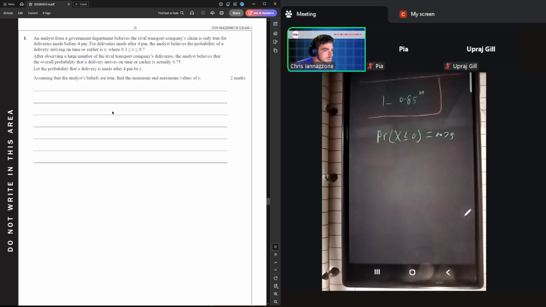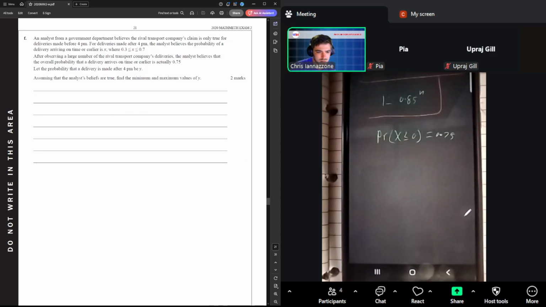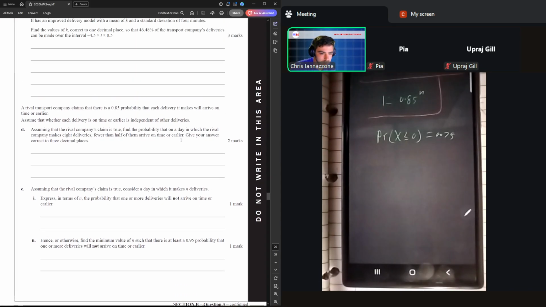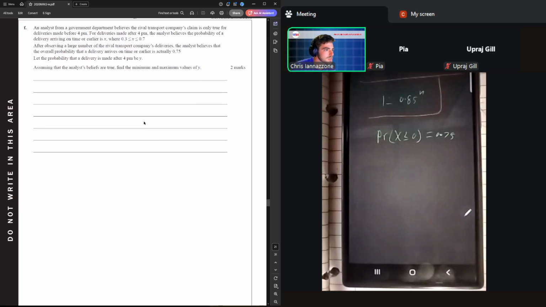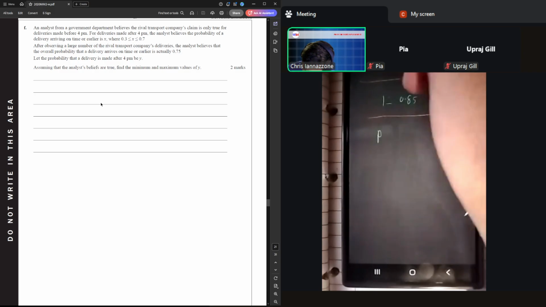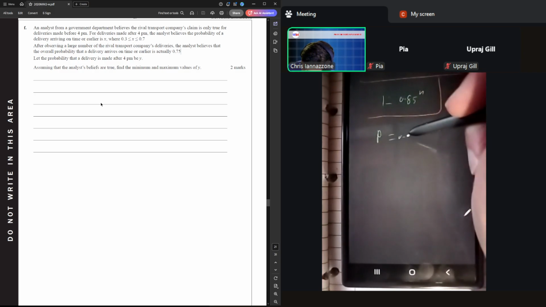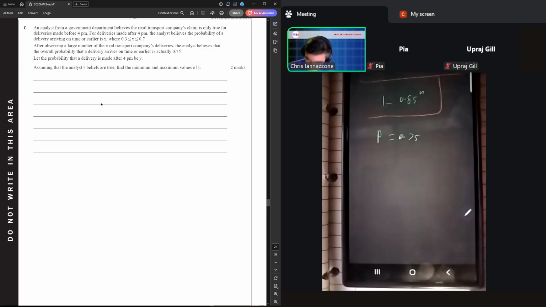So for probability of x less than or equal to, well, hang on, that means we've got to change this up because we're not using the normal distribution. On time or earlier, okay, so that's just p then if it's binomial. P is 0.75 because that's the population proportion, the global thing there.